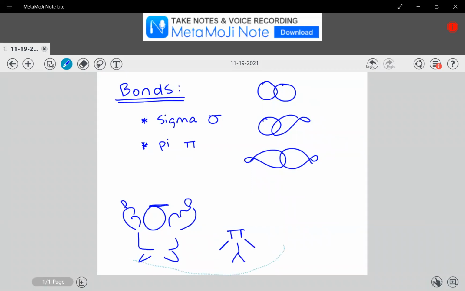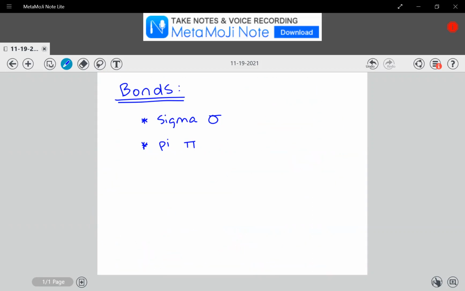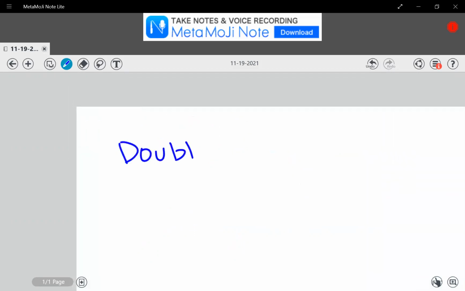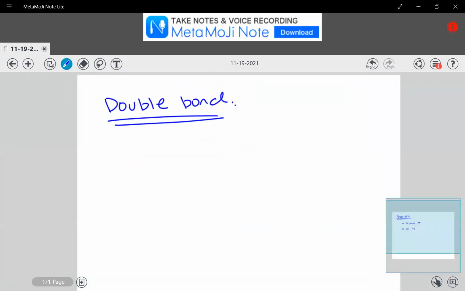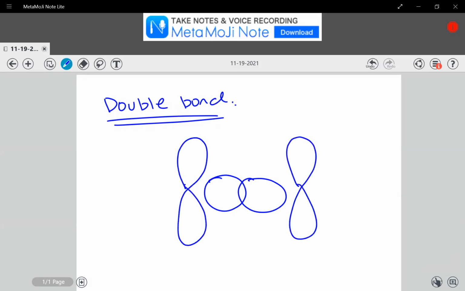So pi bonds are pretty much formed with extra p orbitals, and they help create a double bond or even a triple bond. So what's going on is, in a double bond, we've got our base, which is like a sigma bond base, and then we're going to have some p orbitals going around.